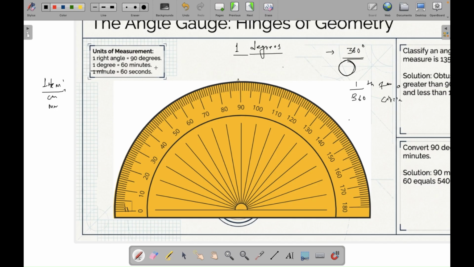This is different from the minutes and seconds that we have in our clock, but very similar. 1 degree will be equal to 60 minutes, and 1 minute will be equal to 60 seconds. They have the same values, but they are different from the time units that we study. So 1 minute is equal to 60 seconds.